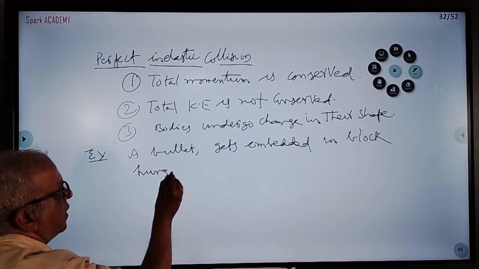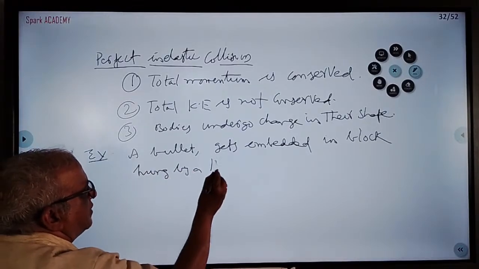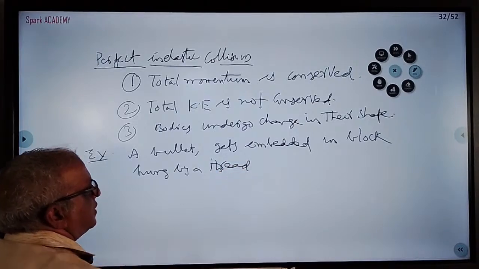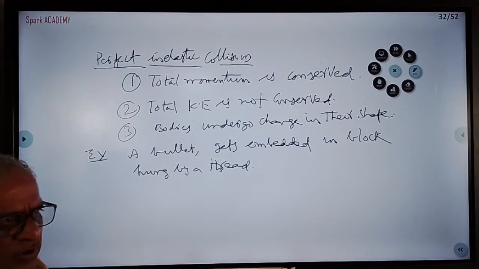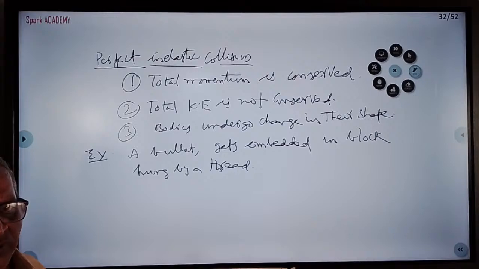This is called a ballistic pendulum. In case of perfect inelastic collision, they move with common velocity. So these are the types of collision: elastic collision and perfect inelastic collision.